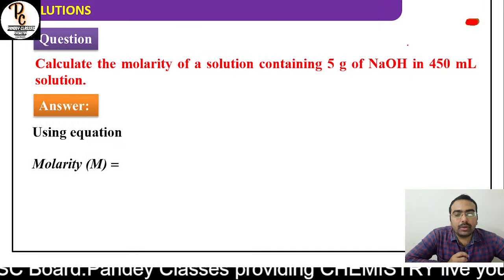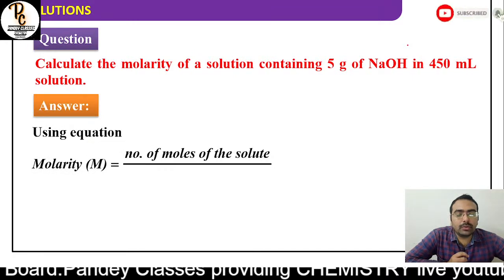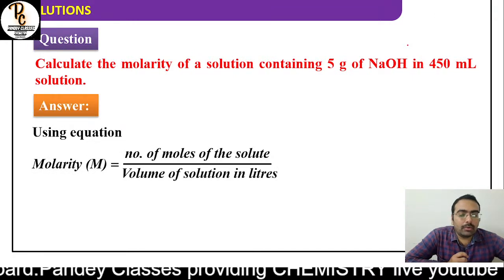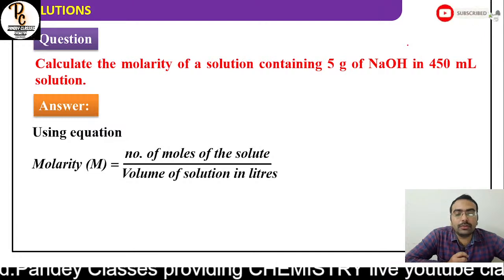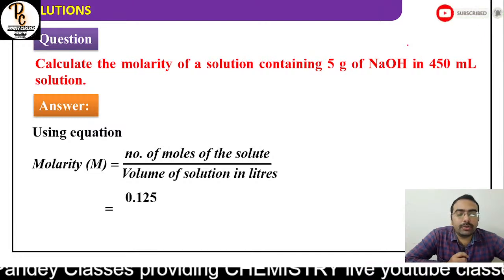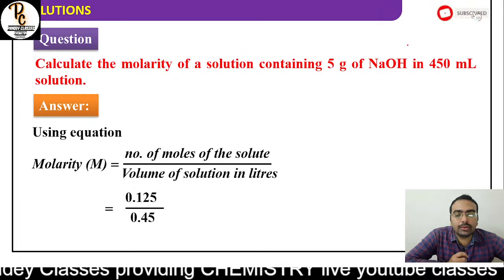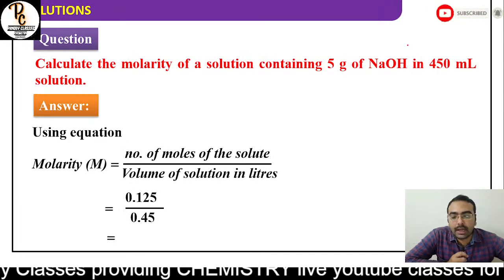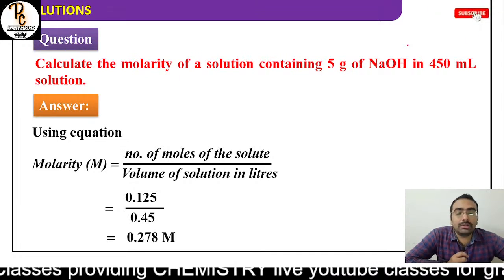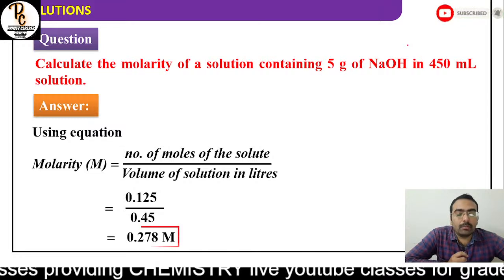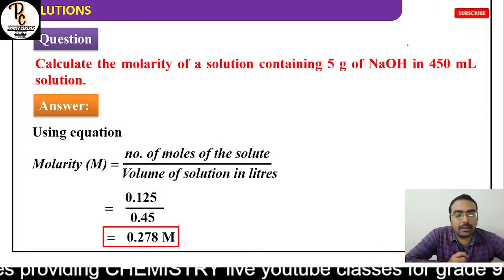Using the equation, molarity is number of moles of the solute upon volume of the solution in liters. So 0.125 upon 0.45, and this is 0.278 molar, and this is the final answer.